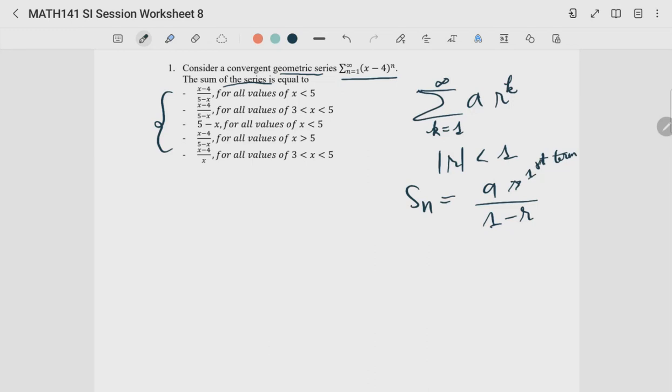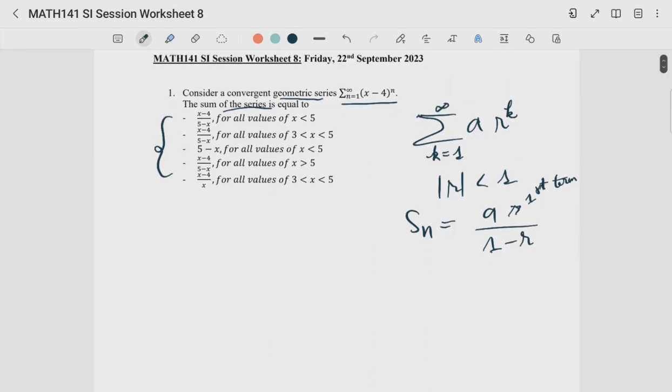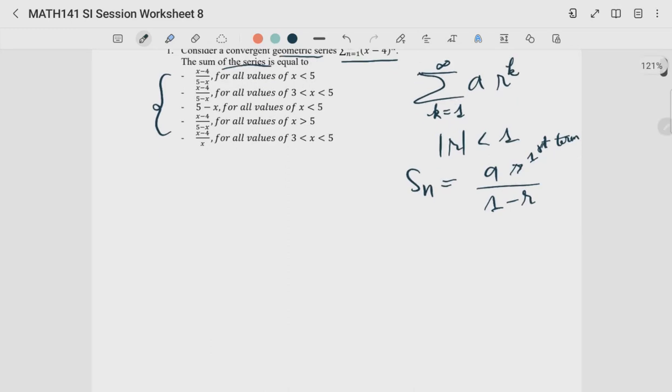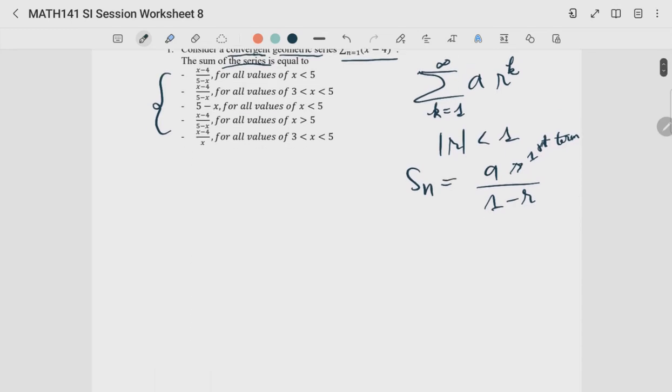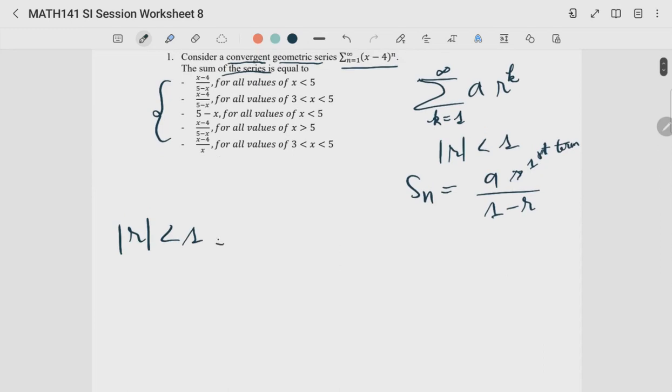So let's do that. The first thing that we note here is that they've already told us that the series is converging, right? So that means that we know intuitively that the absolute value of r has to be less than 1. And looking at our problem, r is just equal to x minus 4.